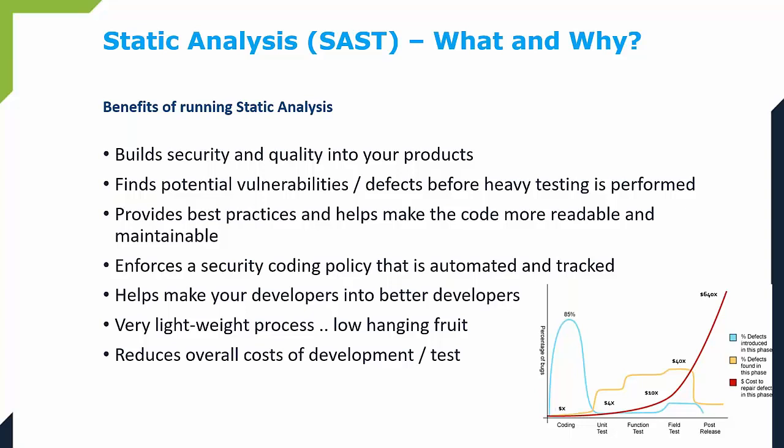What I always thought was interesting from this graph is that blue curve there is the coding phase, where 85% of defects are introduced. And the question is, if they're all there, why are people pushing things off, and therefore you're getting 640 times cost to fix stuff post-release?